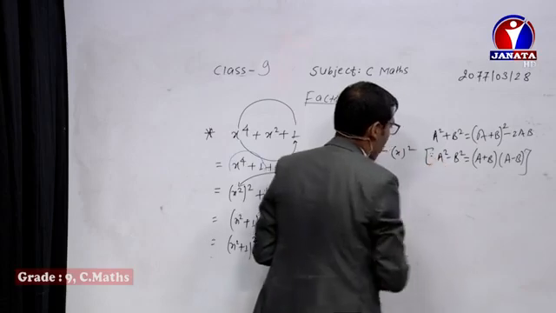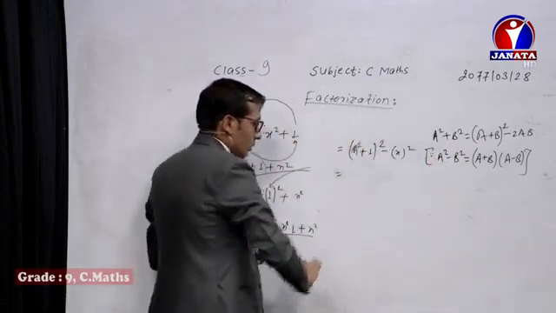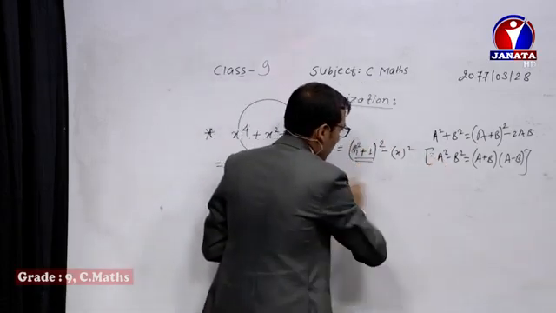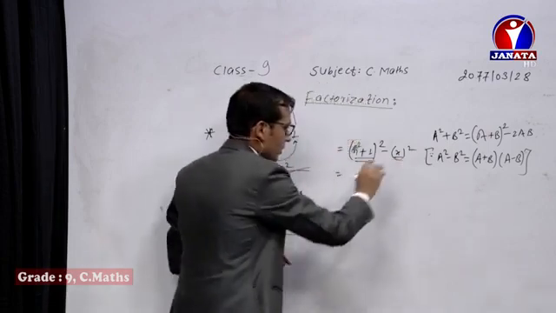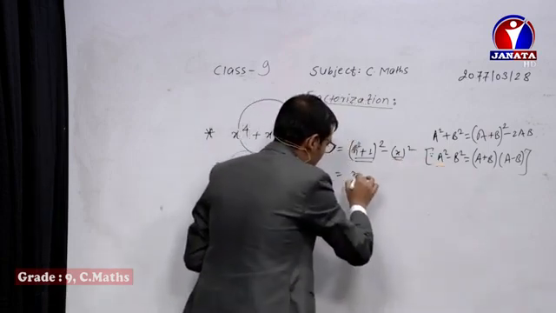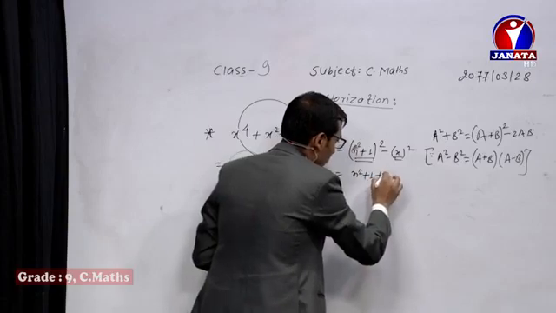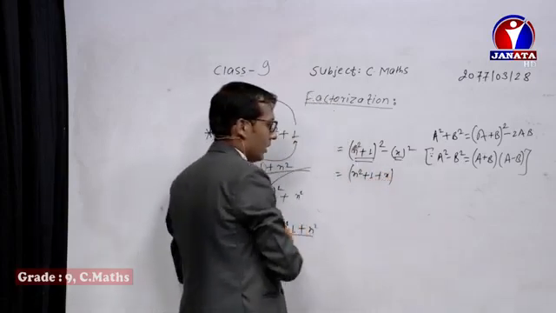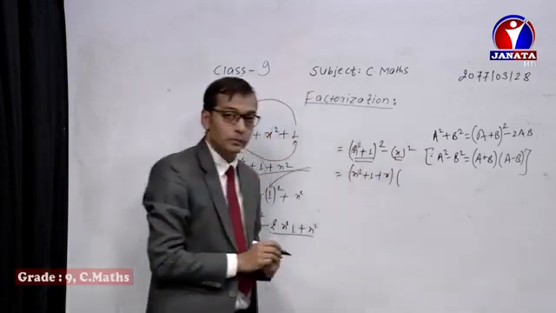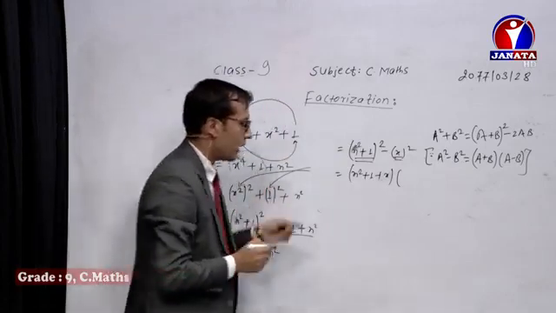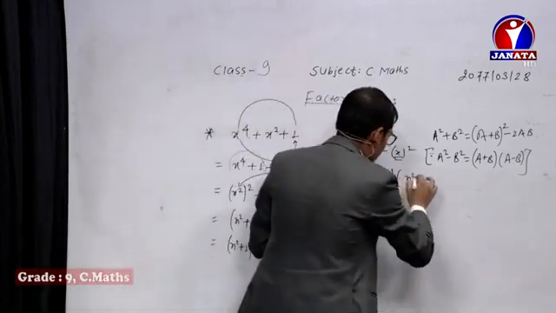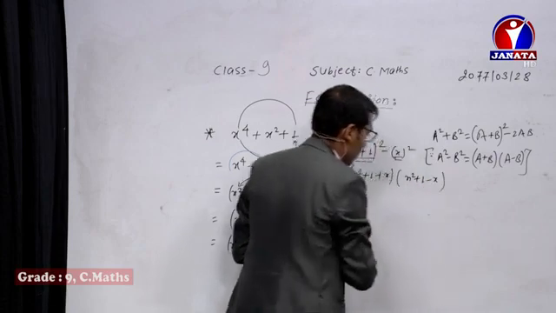What is a? X square plus 1. What is b? X. So the first factor a plus b is x square plus 1 plus x, and similarly the next factor a minus b is x square plus 1 minus x.